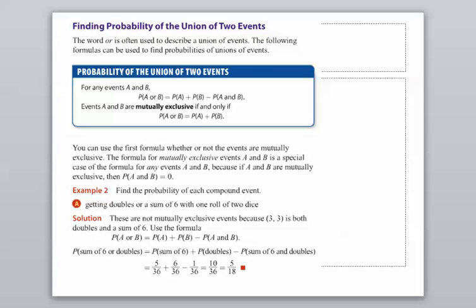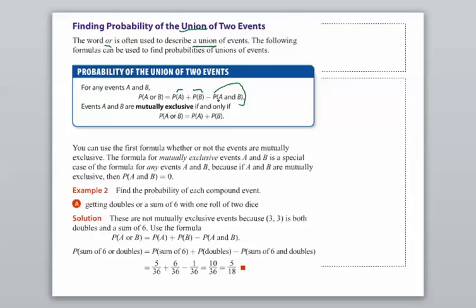Okay? So looking at this, it says finding the probability of the union of two events. The word or is often used to describe the union of events. So for any events A and B, the probability of A occurring or B occurring is the probability of A plus the probability of B minus the probability of both of them occurring.